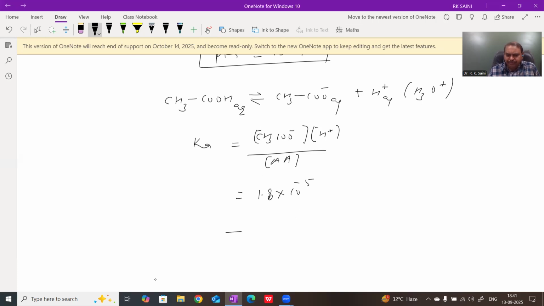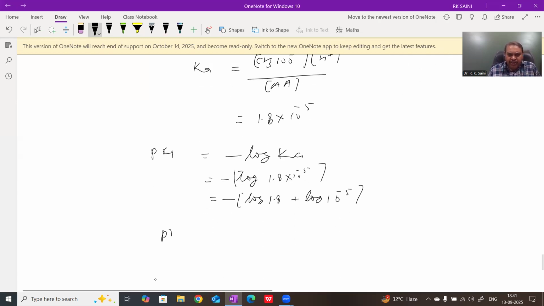Taking negative log of Ka means pKa of acetic acid. Then putting this value, 1.8 into 10 to the power minus 5, taking negative log, it means minus log 1.8 plus log 10 to the power minus 5.